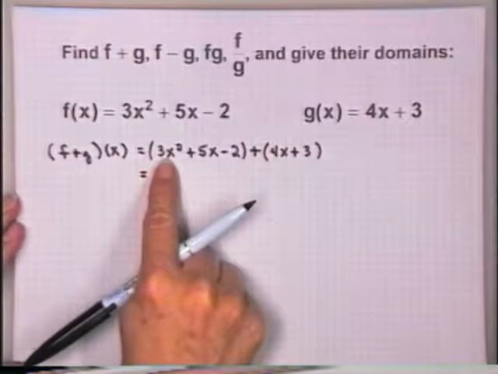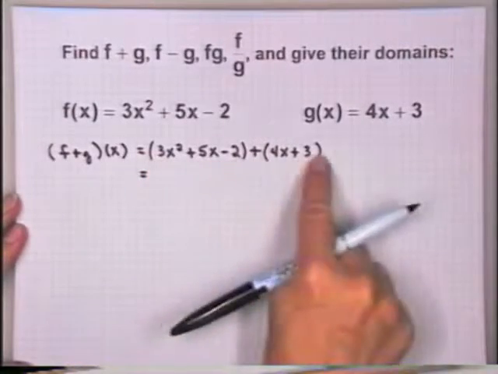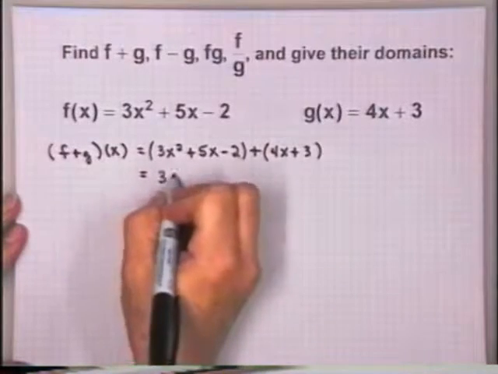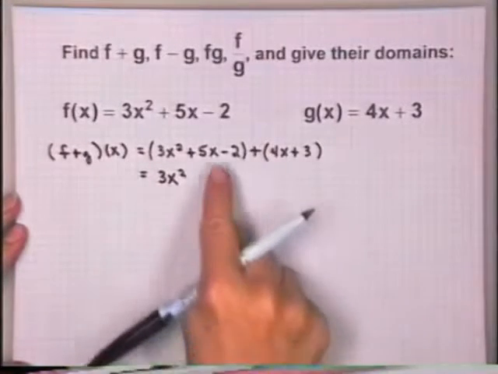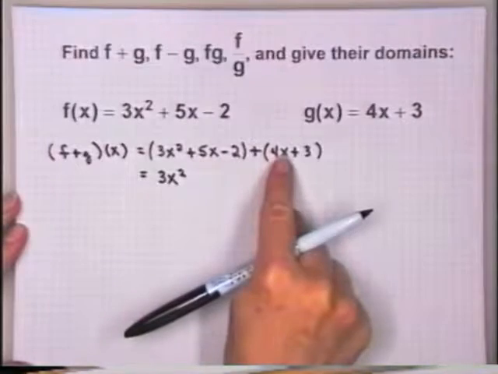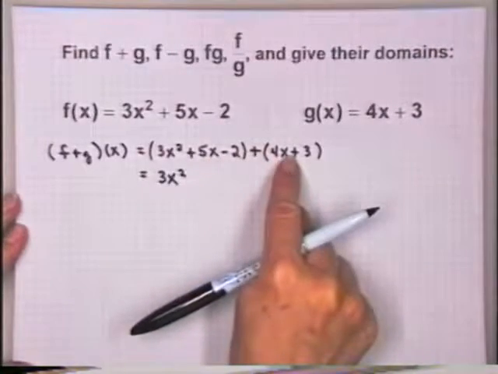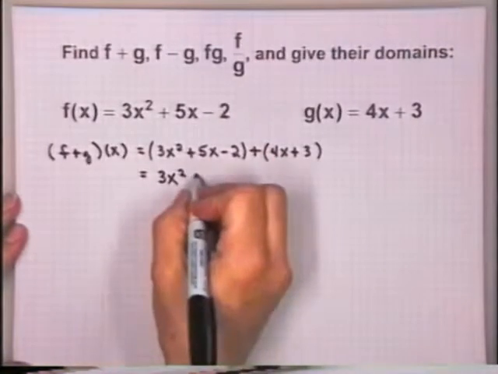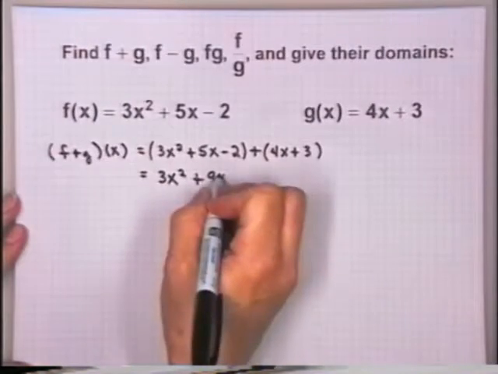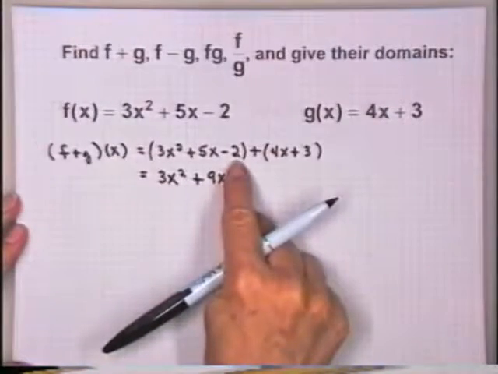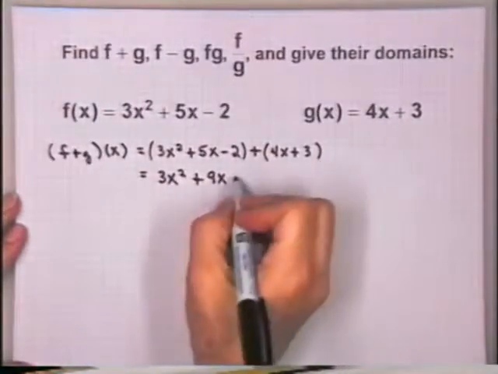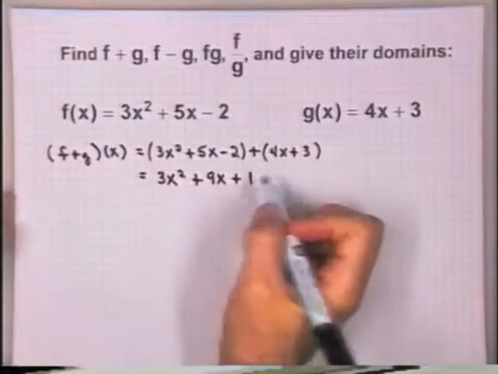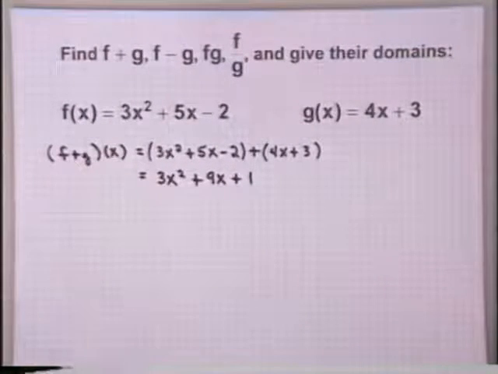Looking at our first term, 3x squared, there are no other like terms, so we'll just bring that down. But notice we have the like terms 5x here, and we're adding 4x, so we'll add those together. 5x plus 4x is 9x. And then our like constants, negative 2 plus 3 will be a positive 1.